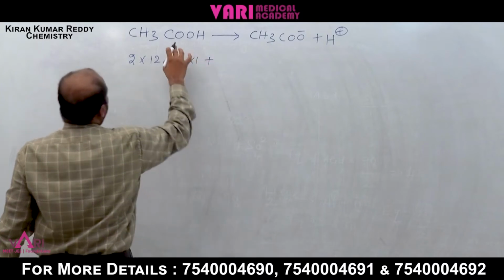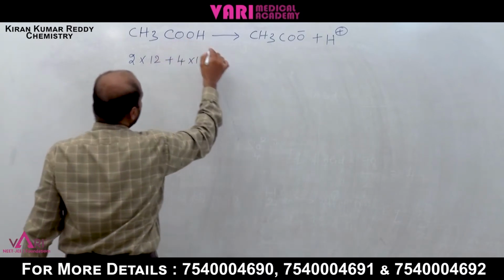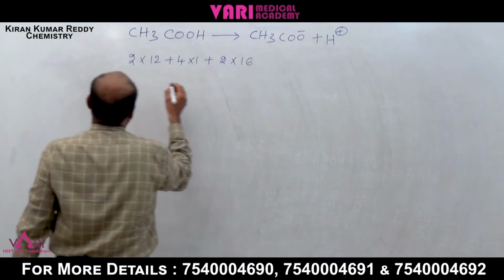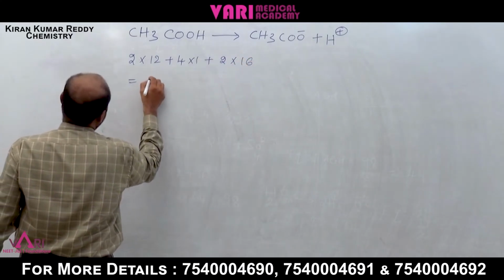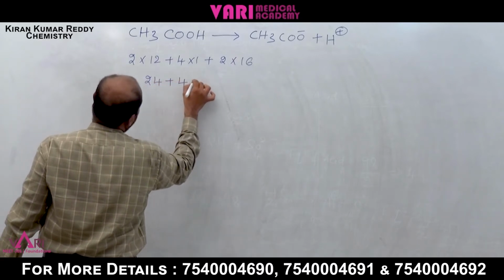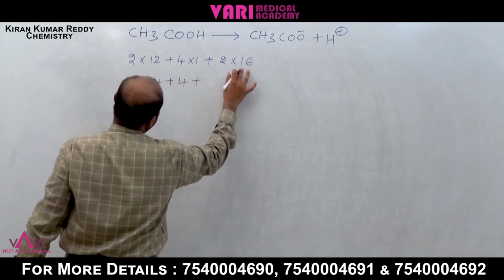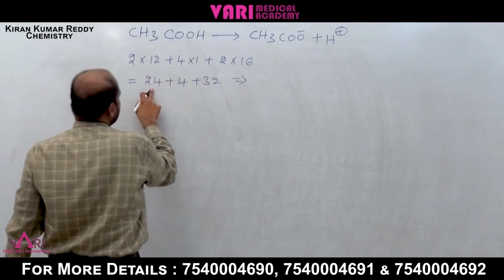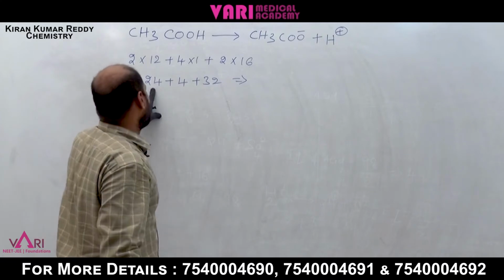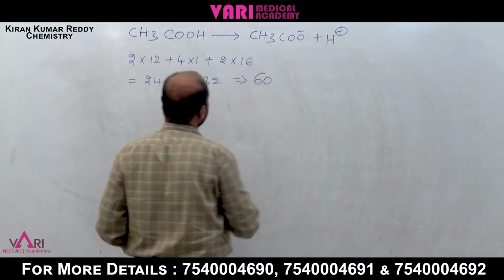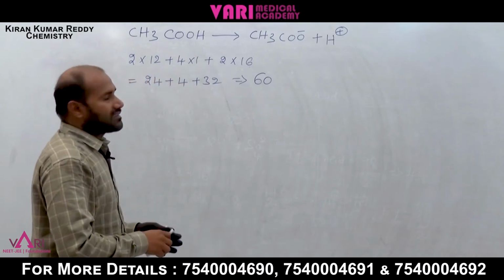How many oxygens are present? 2 oxygen, 2 into 16. Now 2 into 12 is 24 plus 4 plus 16 into 2 is 32, total 60. Now what is the molecular weight of acetic acid? 60.